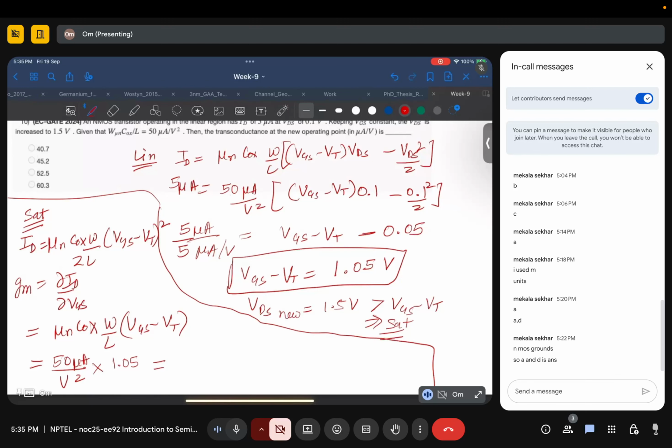In solving, we get gm equals 52.5 microampere per volt. So the answer is option C.